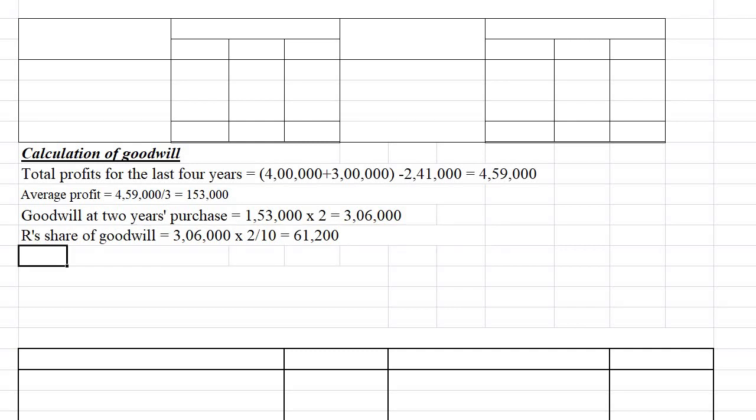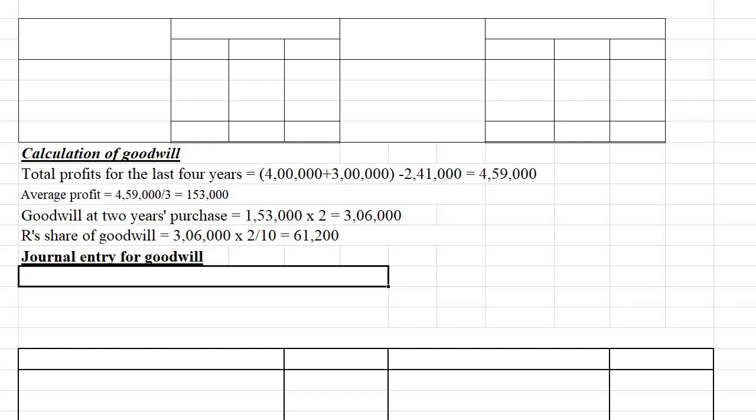Okay. Now let us see what is the journal entry for treatment of goodwill. So here, who has to get? R has to get the amount. So who has to pay? Yes, here P and Q have to pay.